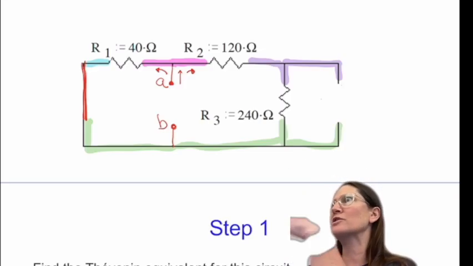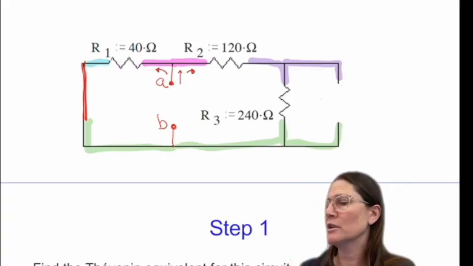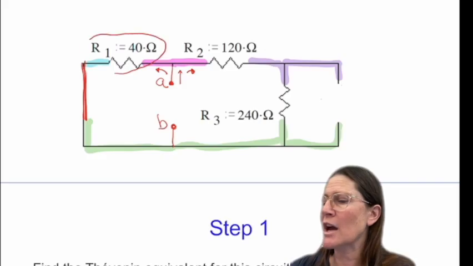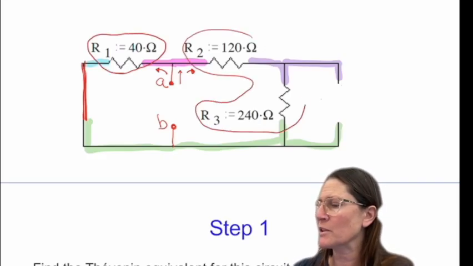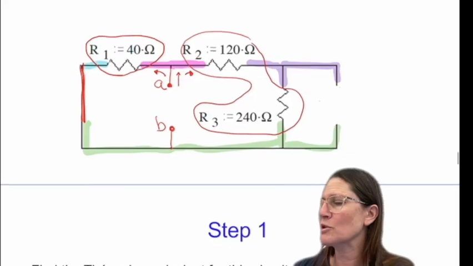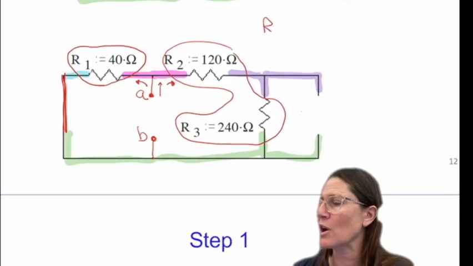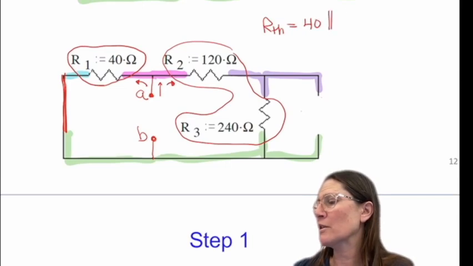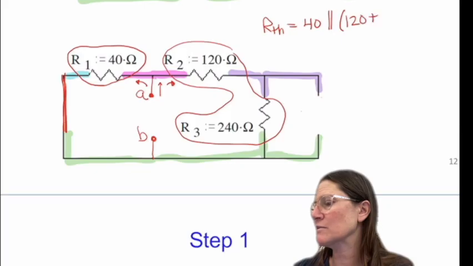Whatever's in one branch is going to be in parallel with the other one. I notice here that I have this branch and I have these elements in this branch, and so it's going to be those two in parallel to each other. So the RTH is going to be 40 in parallel with these two in series.